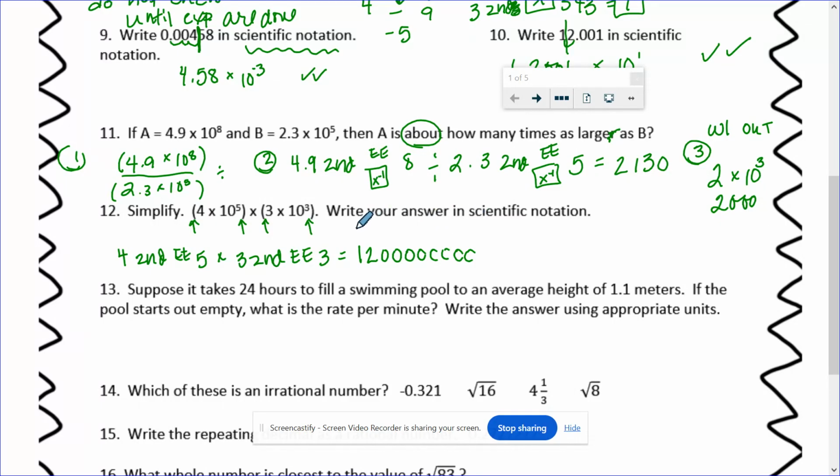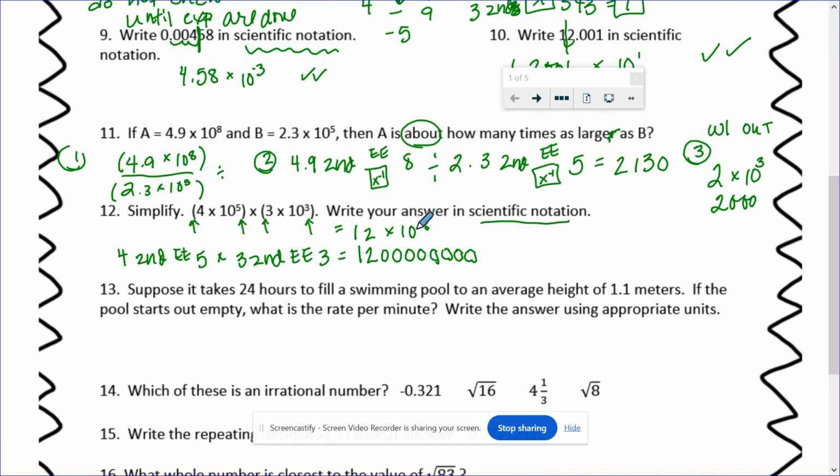Your calculator may have given you 12 times 10 to the 8th. It may have given you that instead, depending on whether or not that answer fits in your calculator. So 12 times 10 to the 8th is the same thing as a 12 then with 8 zeros. We would just move it 8 places. The answer has to be in scientific notation.